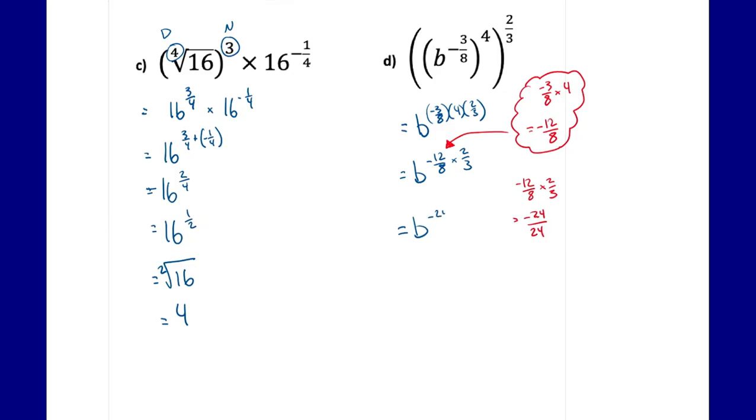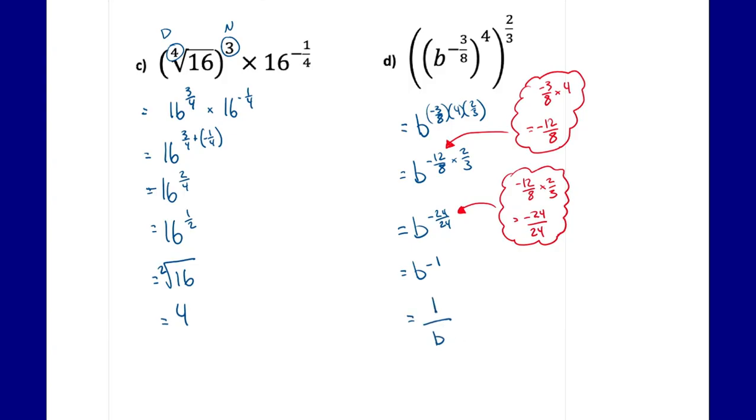Oops. For my new exponent. If we want, we can reduce this to just b to the power of negative 1. If we want to rewrite it as a positive exponent, it becomes 1 over b to the power of 1, or just 1 over b.